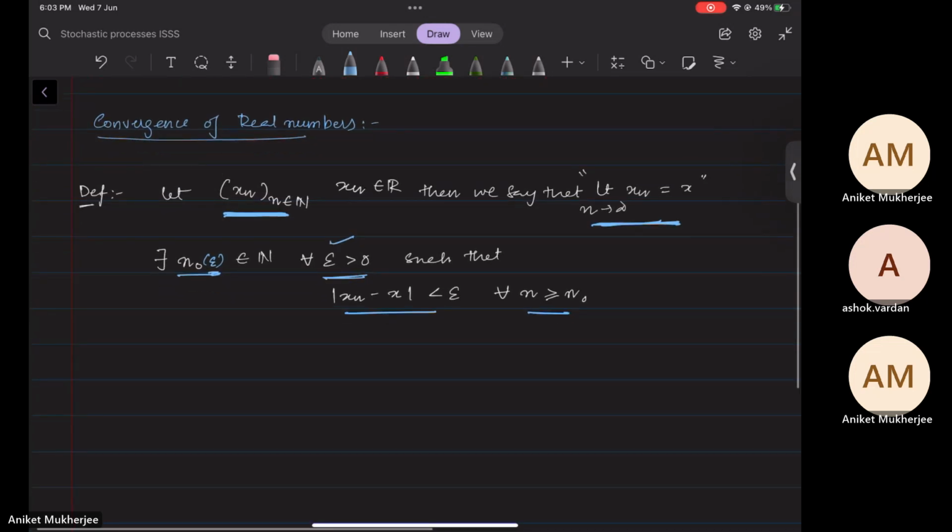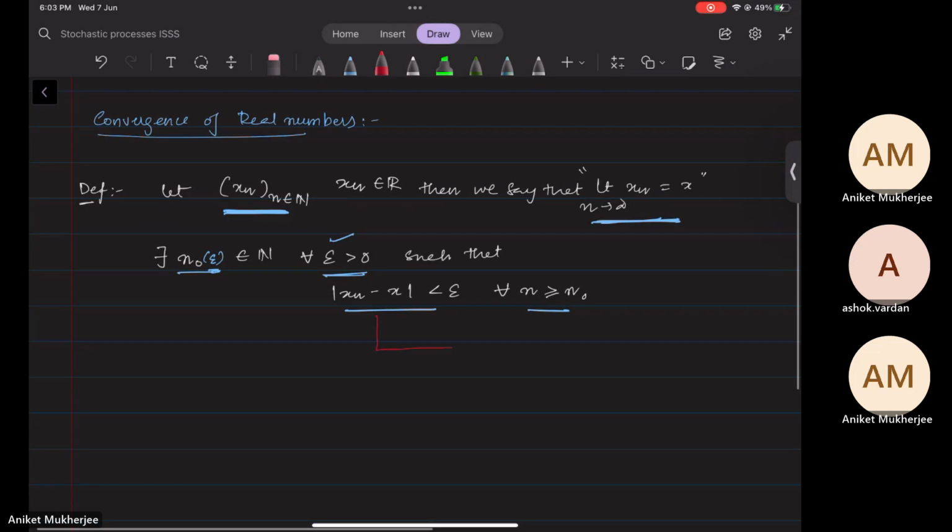Okay, we'll use this later. What this modulus says is x minus epsilon is less than xn is less than x plus epsilon. I hope that is clear. So this whole inequality says that xn lies within plus or minus epsilon distance of x.